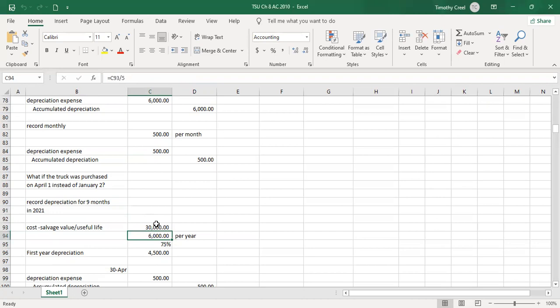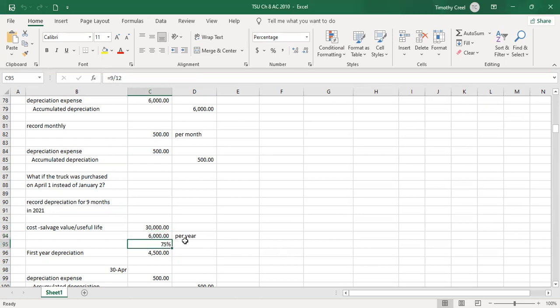Let's say our cost minus our salvage value would have been 36,000 minus 30,000. But if the last example was bought on April 1st, then we only had it for 9 months during the first year. So if we were recording depreciation on an annual basis, we'd take the cost minus the salvage value, divide it by the useful life, and we'd get 6,000 per year.